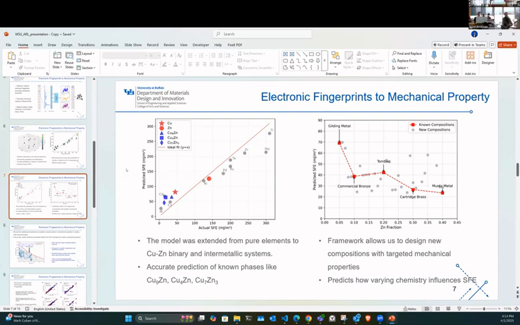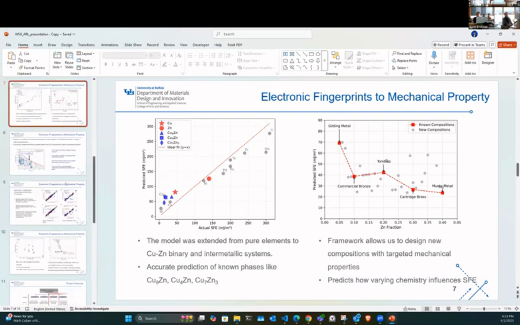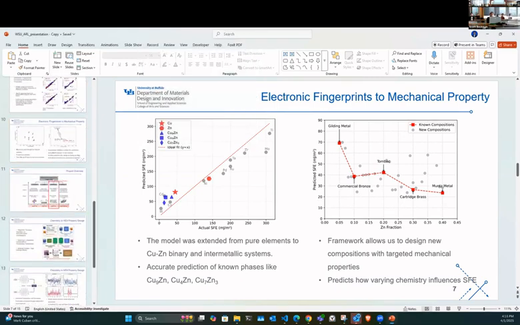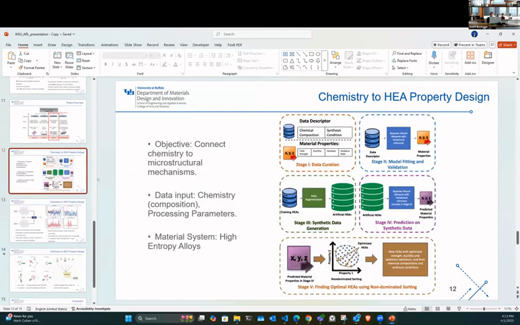And for your second case study, is your assumption that processing and chemistry are independent input parameters? Sorry, can you repeat that? When you're looking at the effect of chemistry as well as processing, are you assuming those to be completely independent from each other?